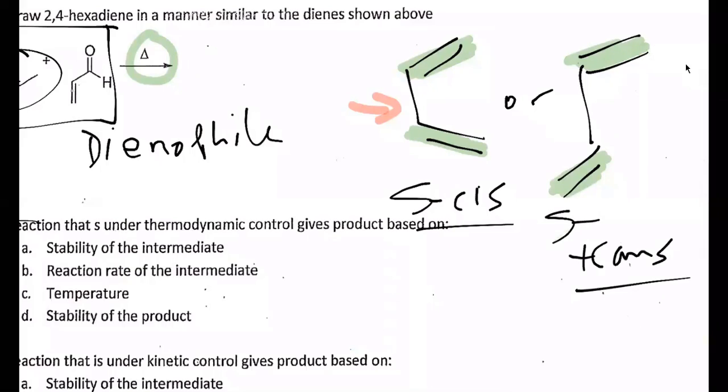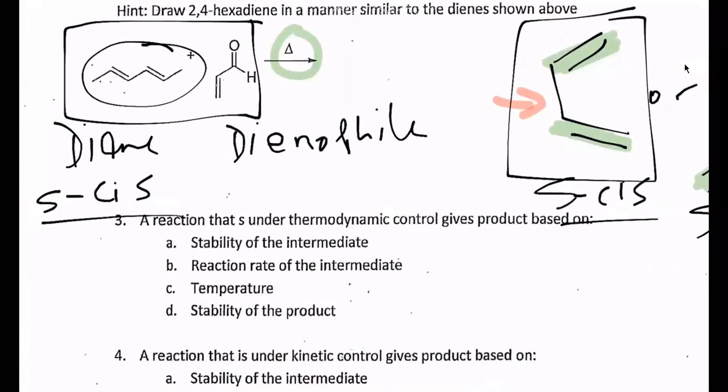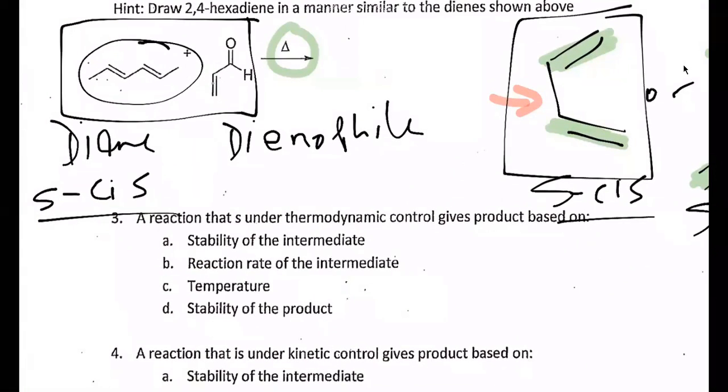Right, but in order for it to react, it's got to be S-cis. All right, and so if I look at this example here, what's the first thing I need to do to the diene in order to make that reaction happen? You have to make it S-cis, because right now it's S-trans, isn't it?